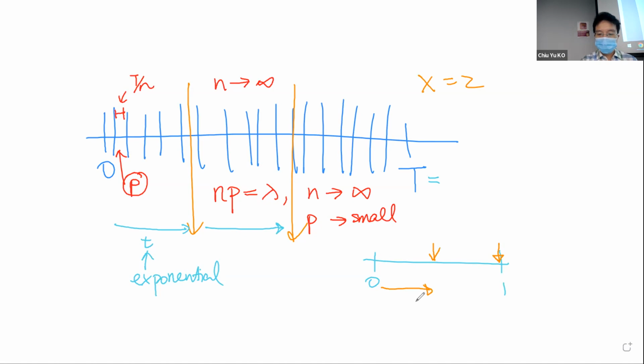Half an hour, because in 1 hour you have 2 events, so we expect the time it takes for the first thing to happen to be half an hour. So when lambda is 2, the mean of the exponential will be 1/2. That is why the mean of the exponential is 1 over lambda. The reason is that if the event happens at the rate of lambda, the time you take for the event to happen is 1 over lambda.